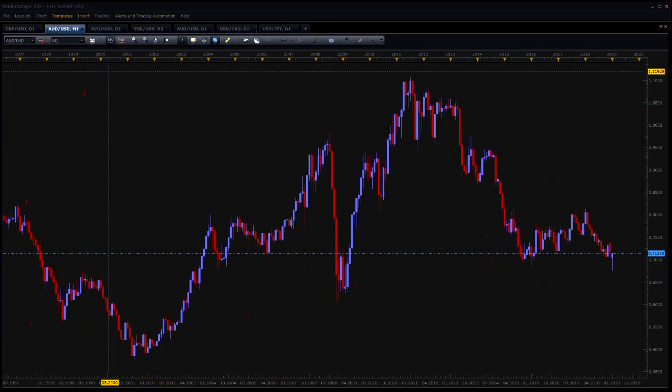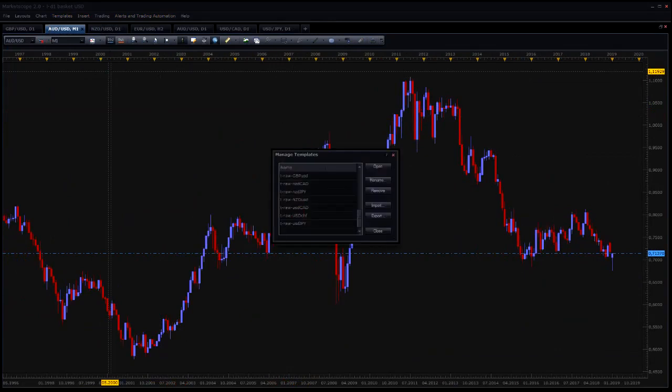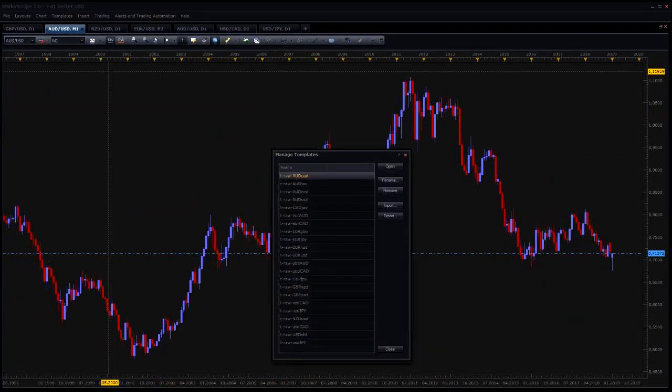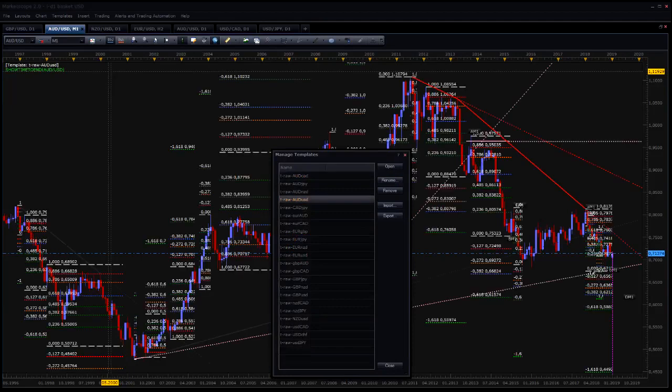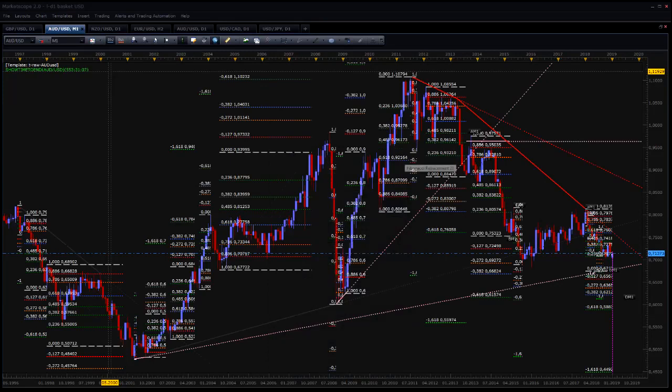Manage templates. Aussie dollar, open. So I analyzed Aussie dollar trend lines.